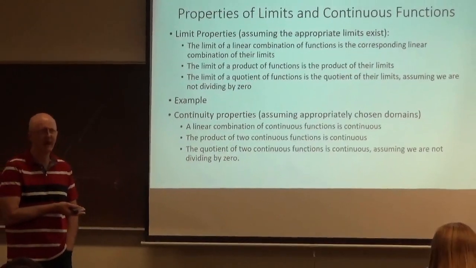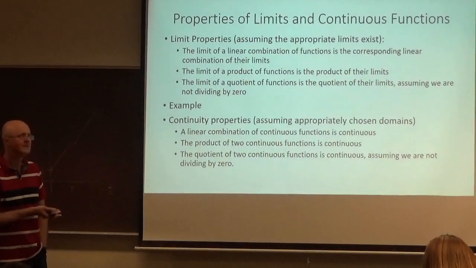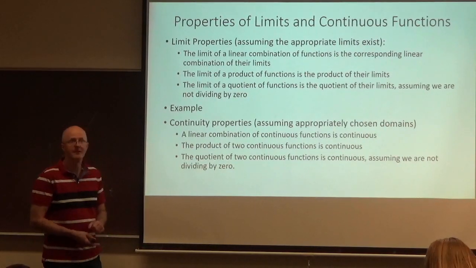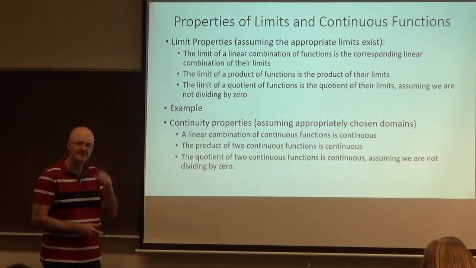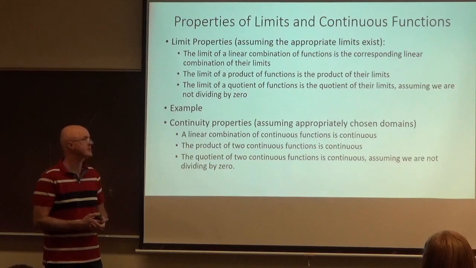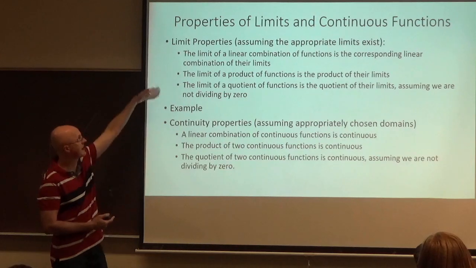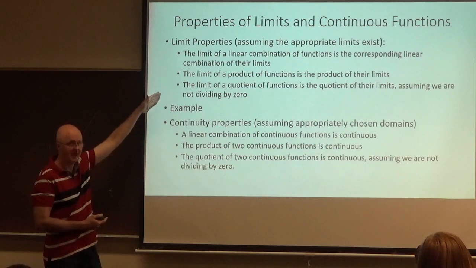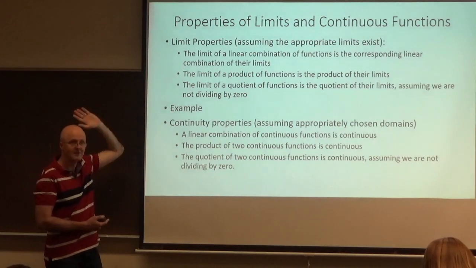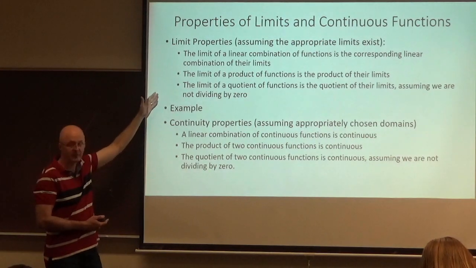These are actually pretty powerful facts. Proving these things, especially the first bullet points, really involves using the epsilon delta definition of the limit. That's a more important application of the epsilon delta definition, to prove those facts up here. It's tricky. I'm not going to do it. You won't have to do it. I just want you to appreciate that these facts are true, and they really are useful.